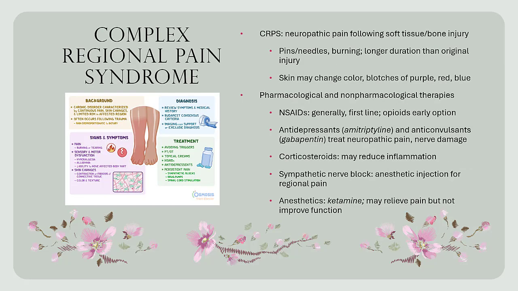Complex regional pain syndrome, formerly called reflex sympathetic dystrophy, or causalgia, is a chronic neuropathic pain that follows soft tissue or bone injury or nerve injury and lasts longer and is more severe than what is expected for the original tissue damage. The key symptom of complex regional pain syndrome is the prolonged severe pain that may be consistent.